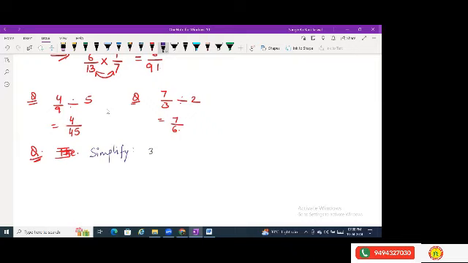Simplify 3 by 4 divided by 5. Please do this. So what do you do in this case? First you convert this mixed fraction to an improper fraction, and then do your work.